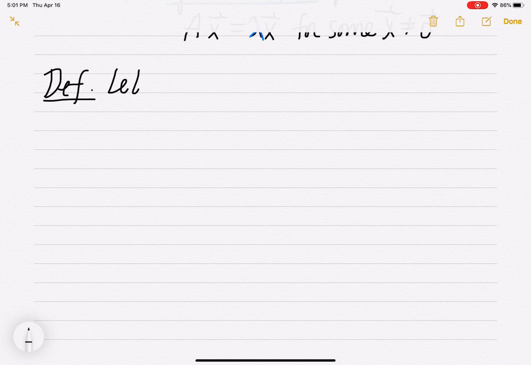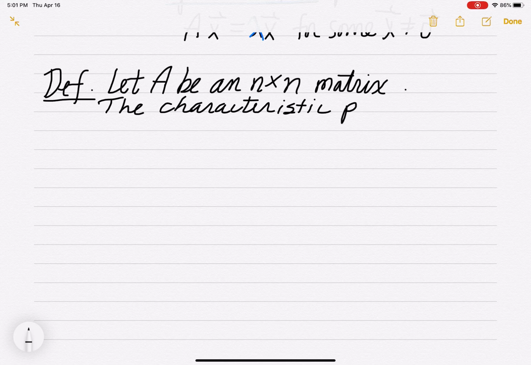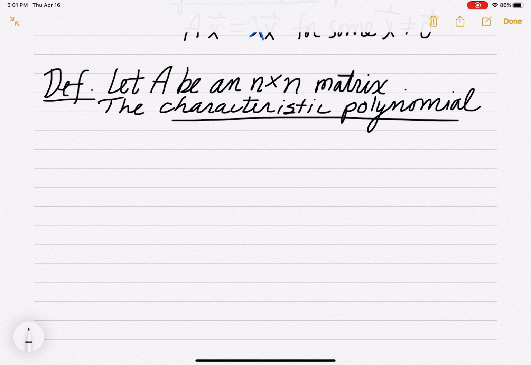Let A be an n by n matrix. We want to define the characteristic polynomial first. It's denoted P sub A of x.